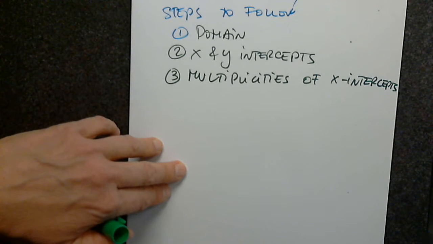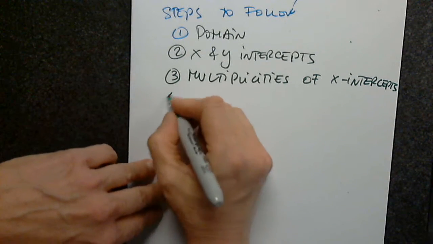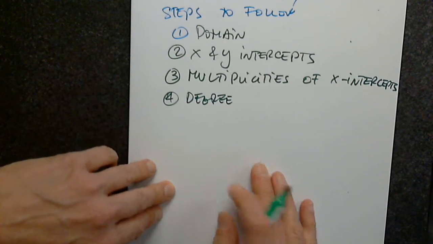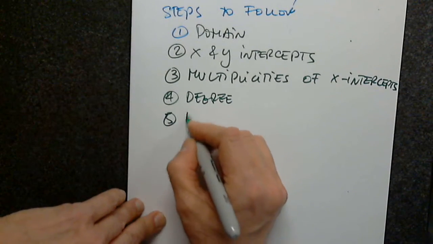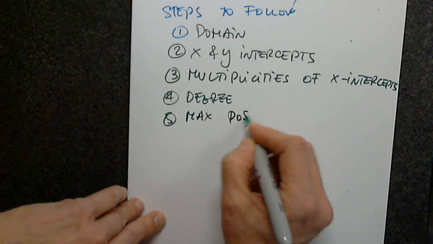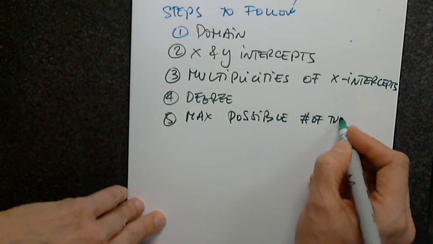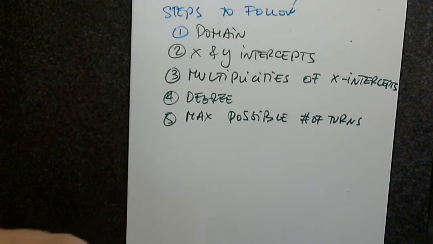It either crosses in a certain way or turns in a different way, and so on and so forth. 4, degree. This could be up there with the domain. 5, max possible number of turns. By turns, we mean max min. It cannot have more. It doesn't have to have that number, but it cannot have more.